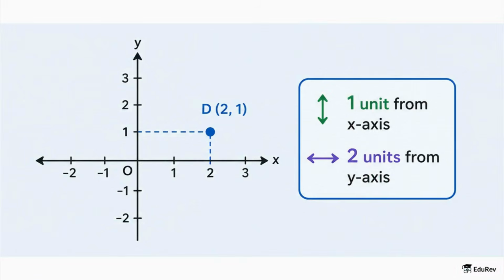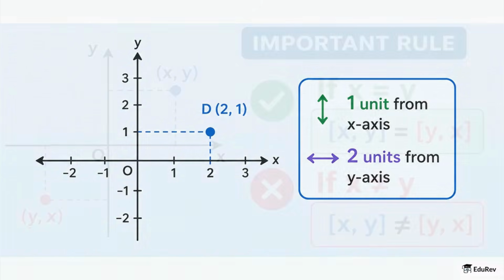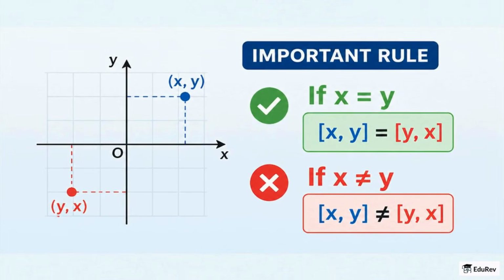If D is (2, 1), its distance from the x-axis is 1 unit and from the y-axis is 2 units. Note an important rule. If x equals y, then (x, y) is the same as (y, x). But if x is not equal to y, they are different.